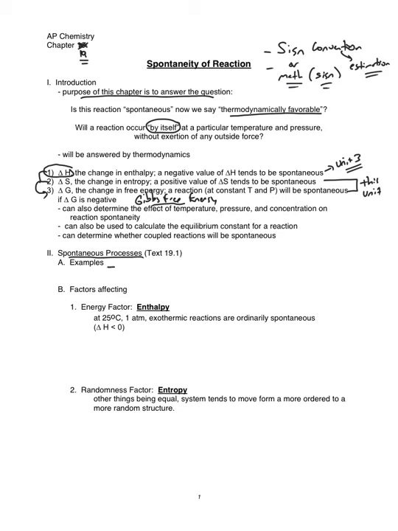So an example of that would be if we were to mix together solutions of silver nitrate and sodium chloride, two aqueous solutions, and we mix them together, we're going to form a precipitate of silver chloride and sodium nitrate.